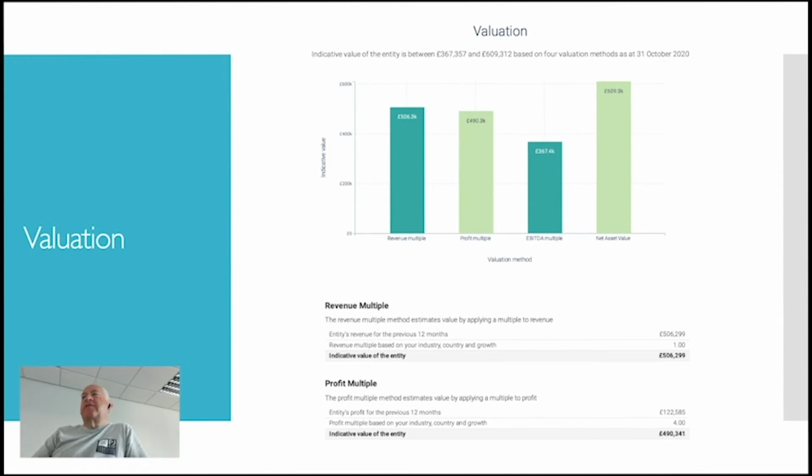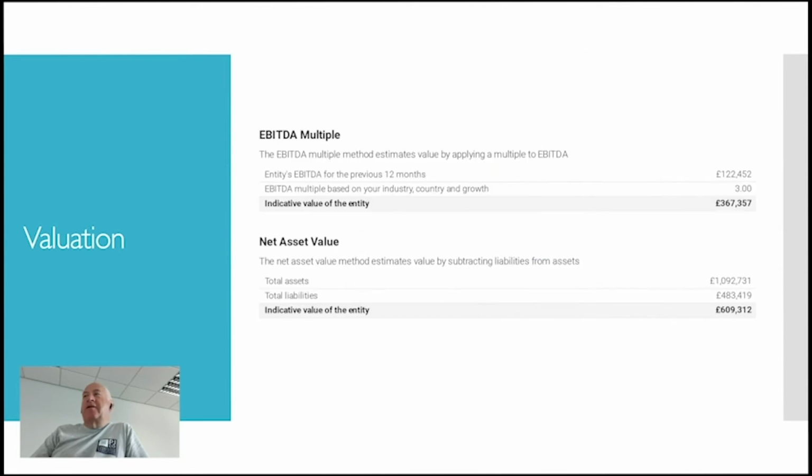It uses the revenue multiplier. It uses the profit multiplier, the EBITDA, earnings before interest, tax, depreciation and amortization. It uses that figure as a multiplier, and also uses the net assets value of your business, the value of all the assets that are held in your business.